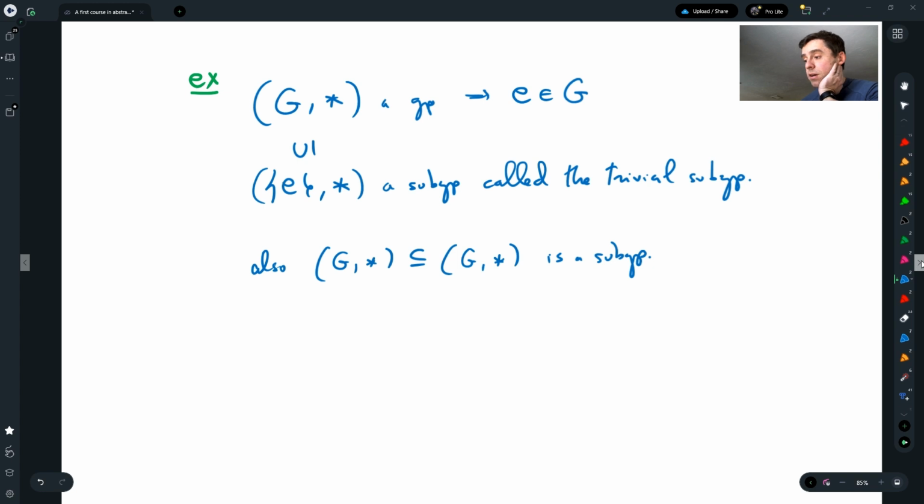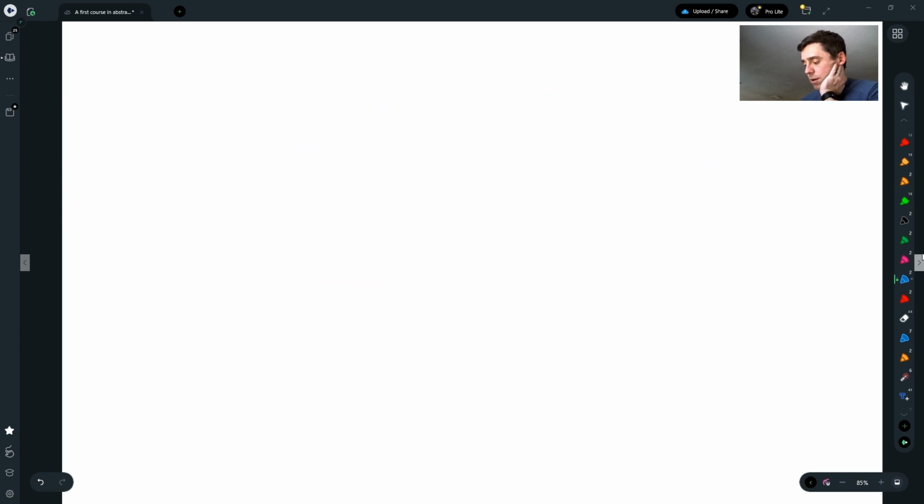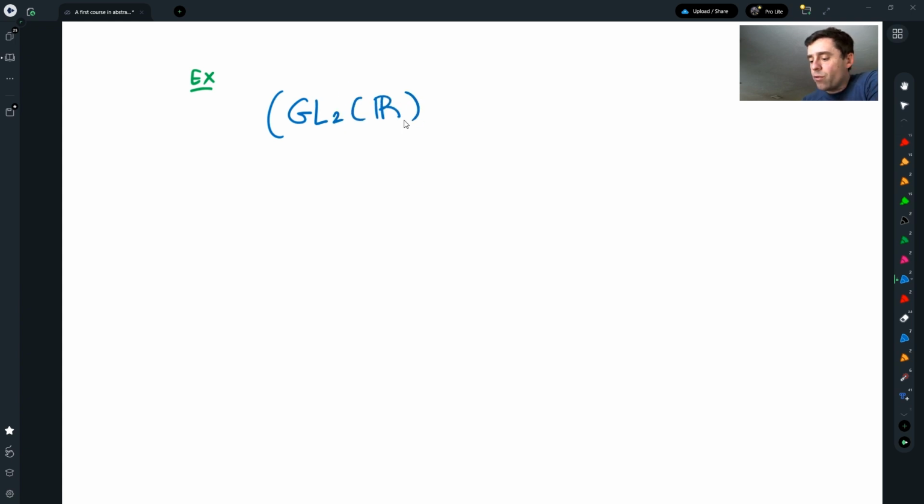All right. Those are just silly subgroups. But let me show you some other subgroups that are not so silly. Remember that we had GL2, for example, over the reals under matrix multiplication.